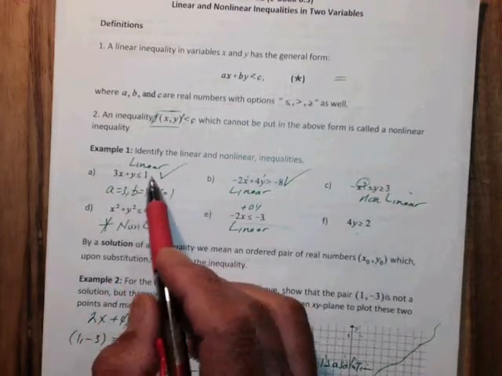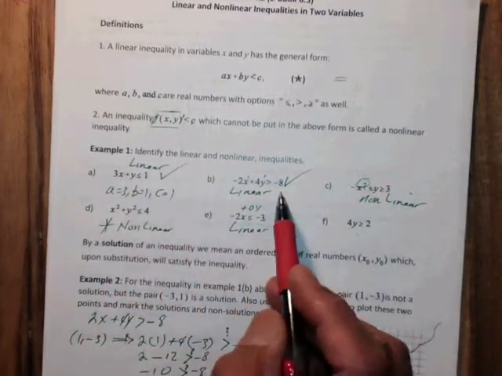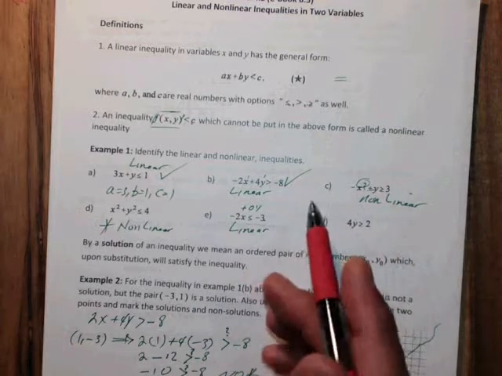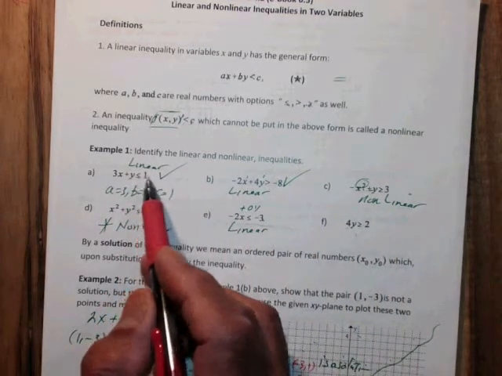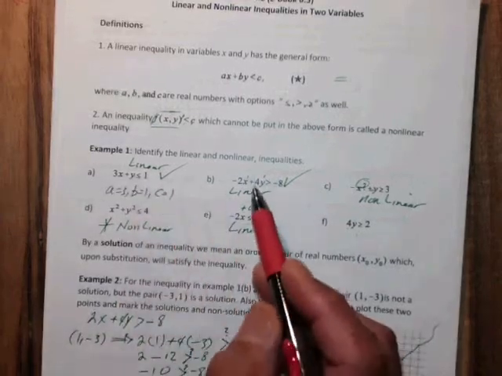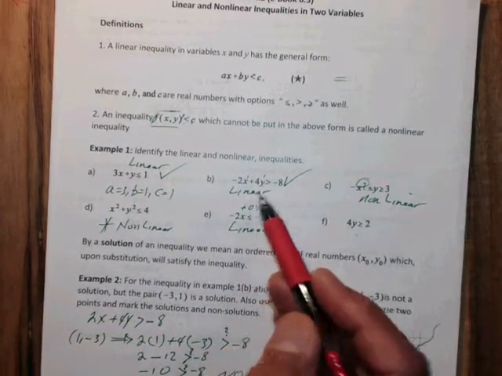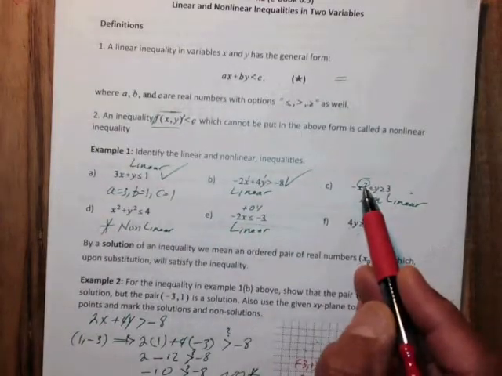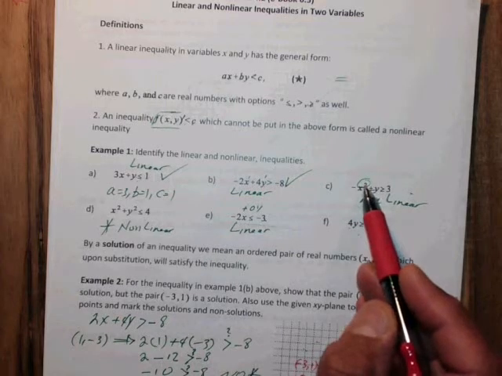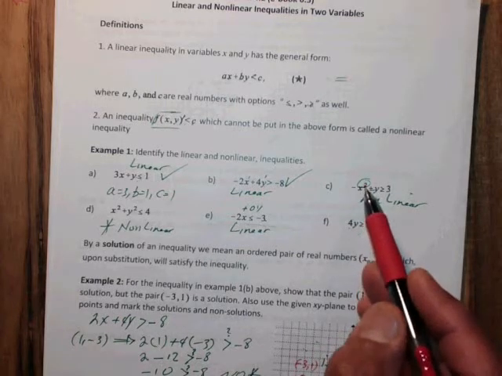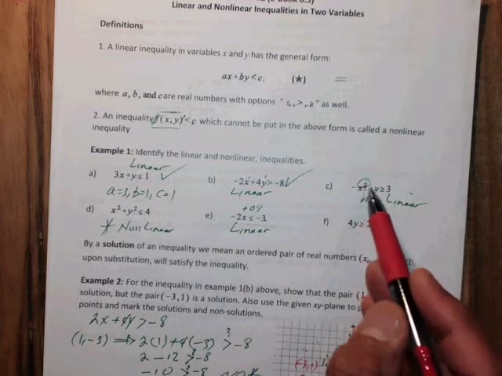These are already marked, so I don't have a new copy. 3x plus y less than or equal to 1: this is linear. This is linear. This is non-linear because of this power 2. In this case, we can call this parabolic, because x is squared but y is not.